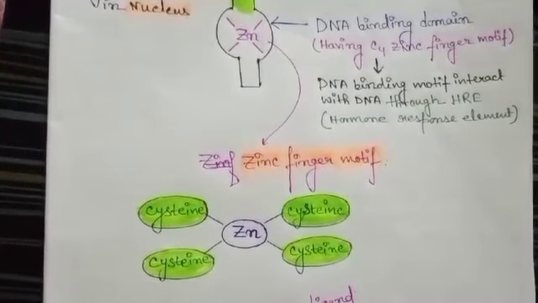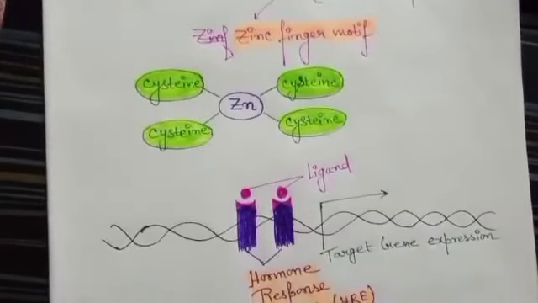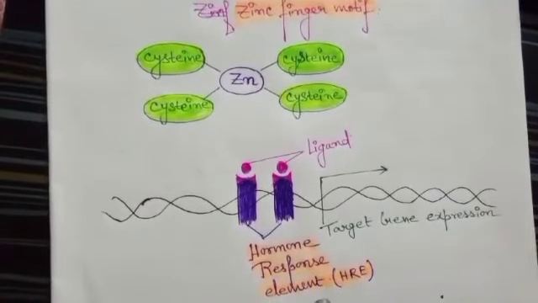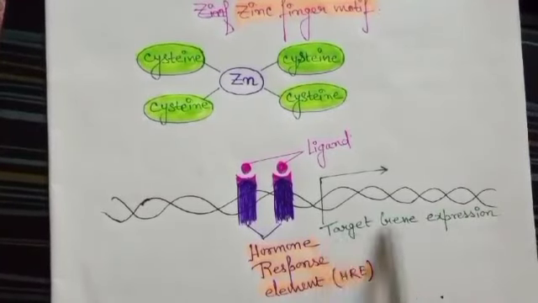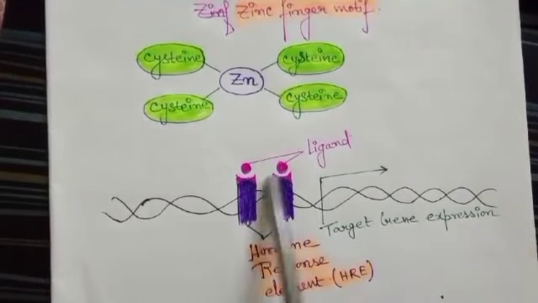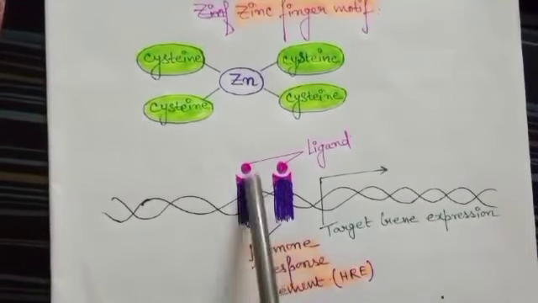Then we move on to the hormone response element. This is the structure of a hormone response element. You can see here the hormone response element is a DNA sequence. Here is the DNA, and it is a sequence in DNA that binds to the hormone receptors to regulate gene expression. Here you can see that the target gene can be expressed when the ligand binds to the receptors, at the ligand binding region.